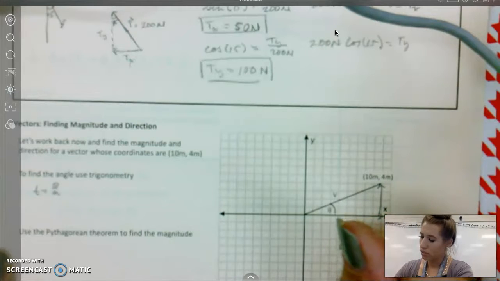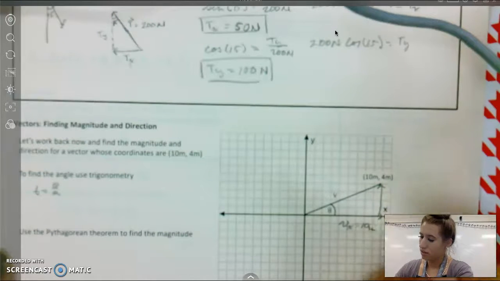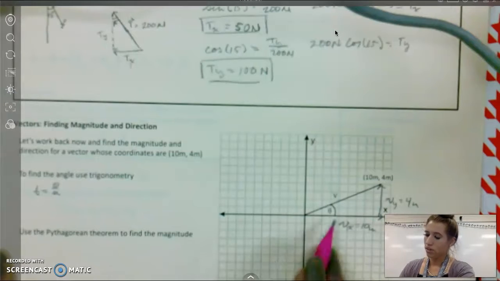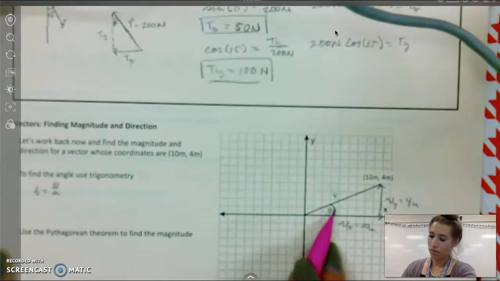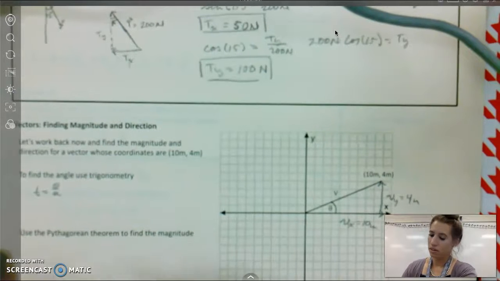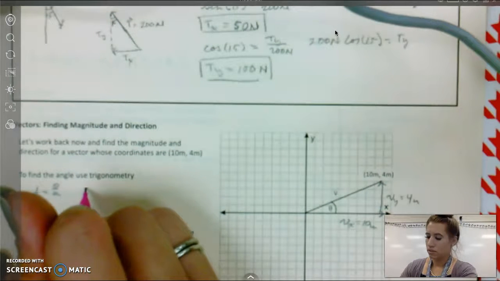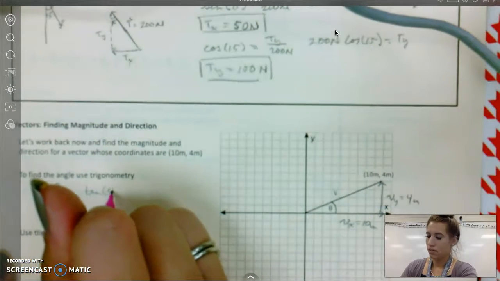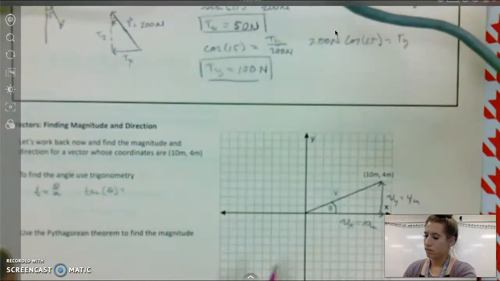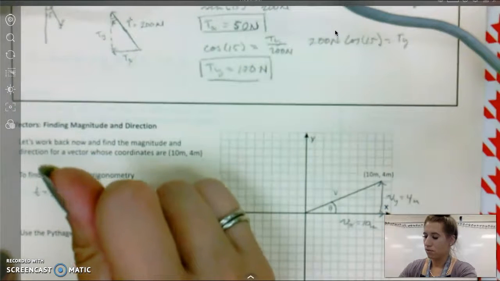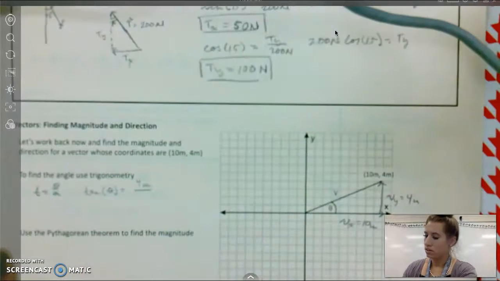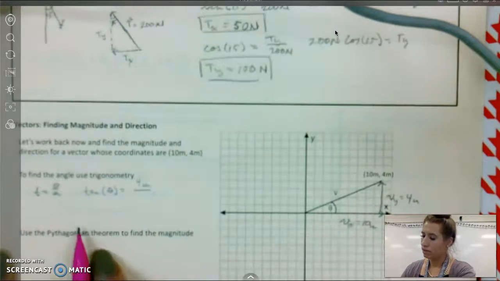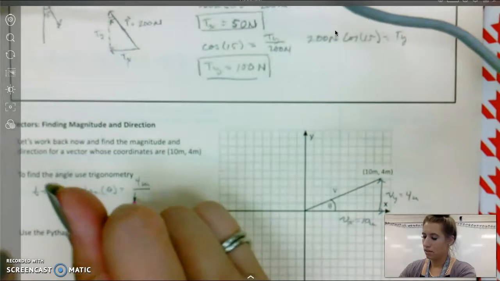Our x component will be v sub x is equal to 10 meters, v sub y is equal to 4 meters. And we're solving for theta. Okay? So tangent of the angle is going to equal opposite, which is my 4 meters, divided by adjacent, which is 10.